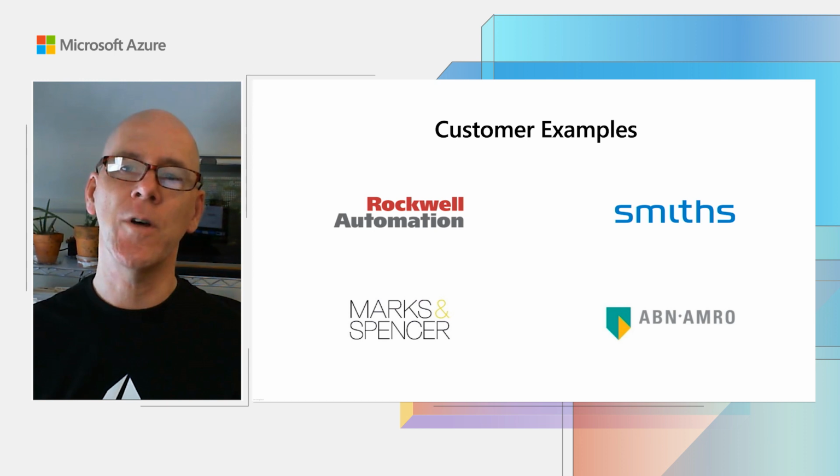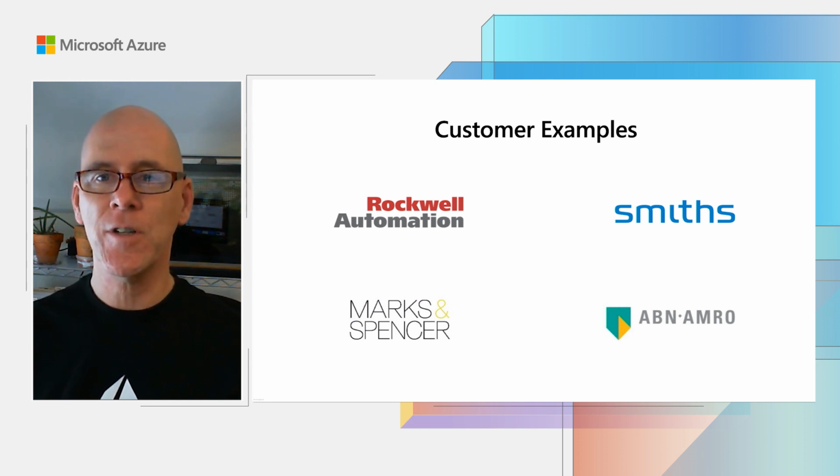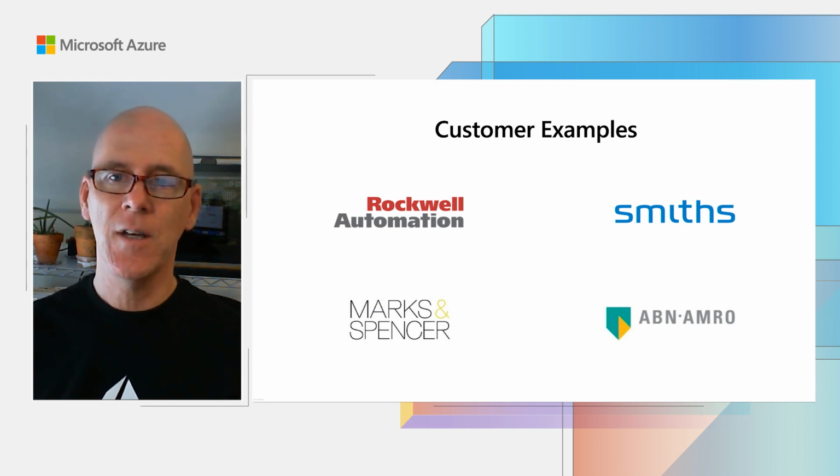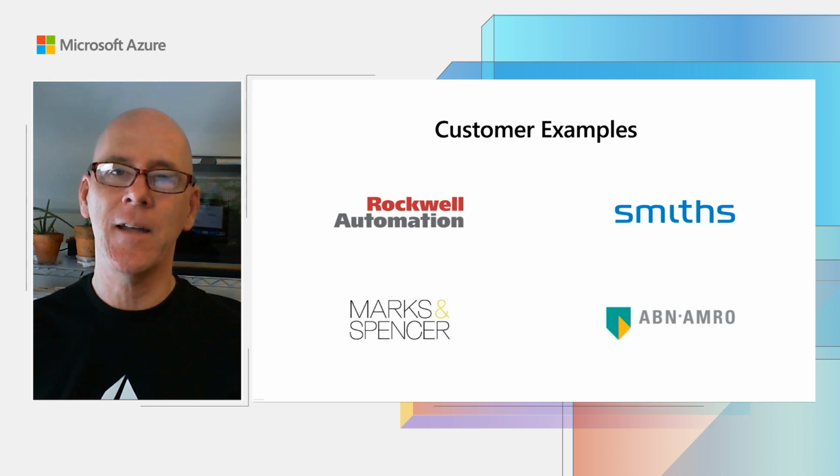The process they used was to ingest all of their data into ADLS Gen 2 using Azure Data Factory. They then did transformation and curation using Azure Databricks, and then loaded the data into Azure Synapse Analytics, as well as using Azure Databricks, Azure AI, and Azure Cognitive Search for other analytics scenarios.